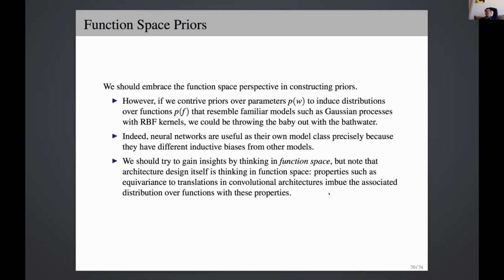We already have GPs with RBF kernels. Neural nets are interesting precisely because they are different than other models. They have different inductive biases that are useful for generalization in a number of different application domains. I think that we can gain insights by thinking in function space, but in many cases, this will amount to architecture design, which will be useful regardless of whether we're following a Bayesian approach.